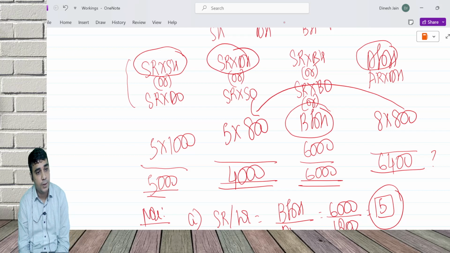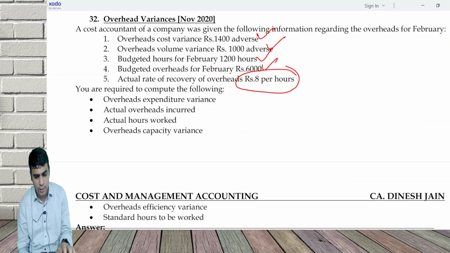Second column is 5 into 800. Clear? Can you proceed? Now let's look at the requirement.